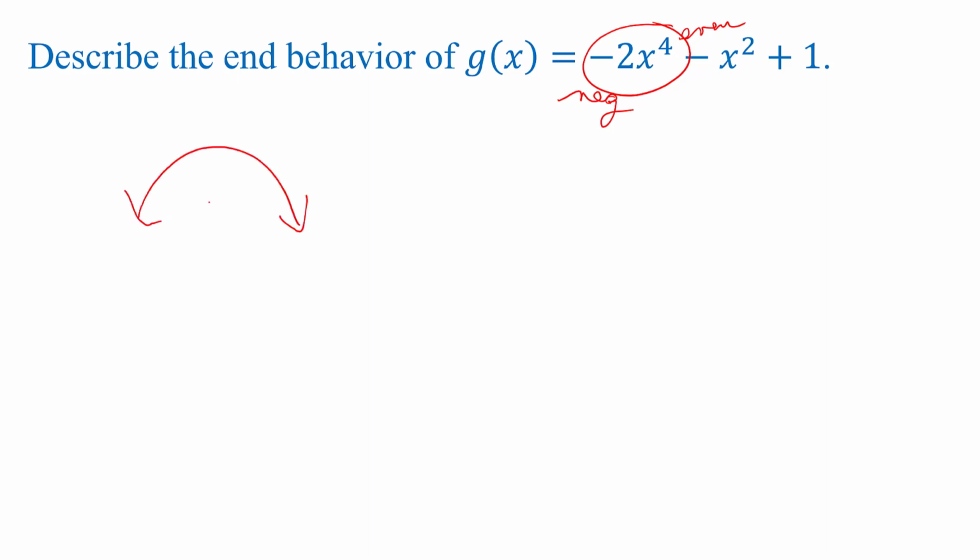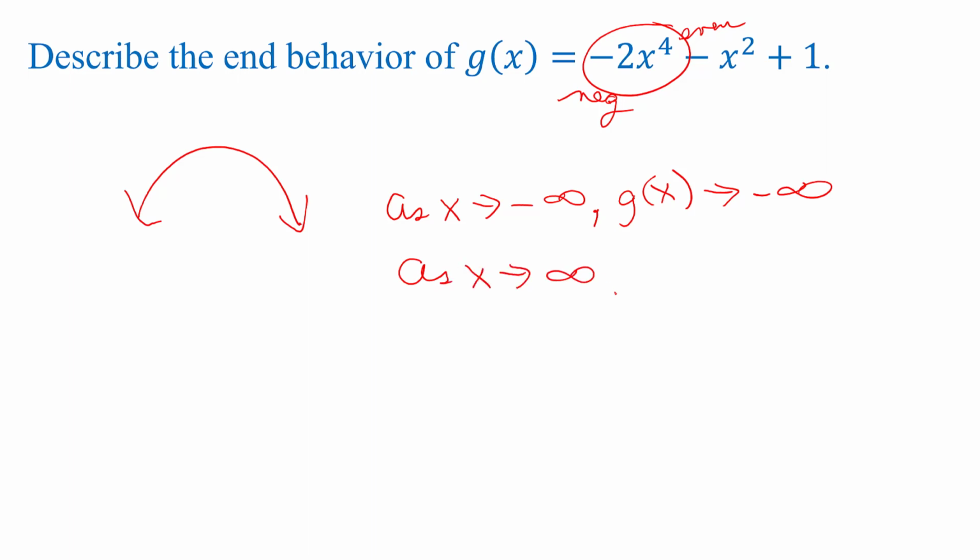As we go to the left, our graph travels down. We would write that mathematically as x approaches negative infinity, g of x approaches negative infinity. And we note that as our graph goes to the right, it goes down. So as x approaches positive infinity, g of x approaches negative infinity.